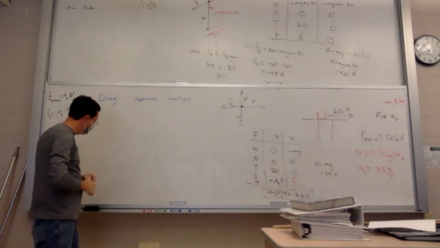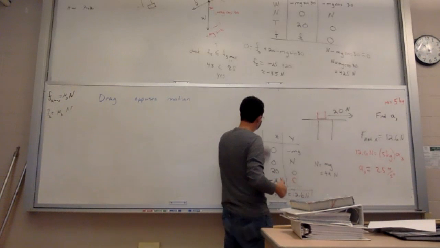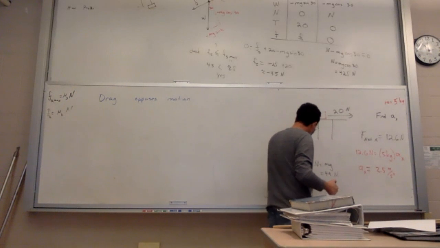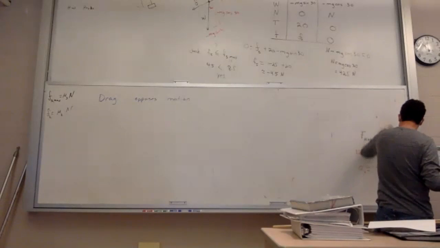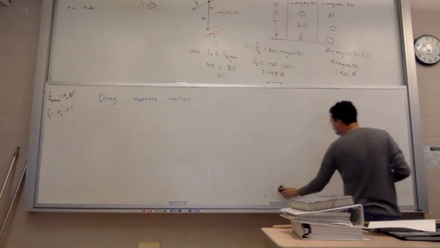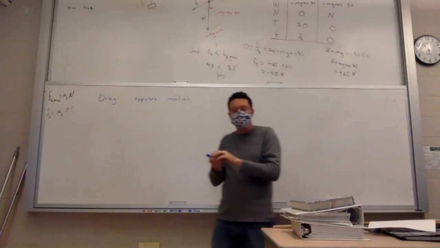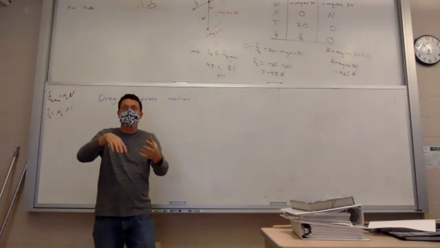Okay. And so it turns out, you know, it depends upon lots of things. Roughness of the surface, obviously the shape matters because we got different results just by changing the shape.